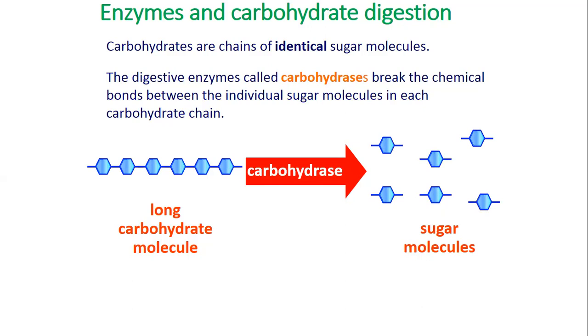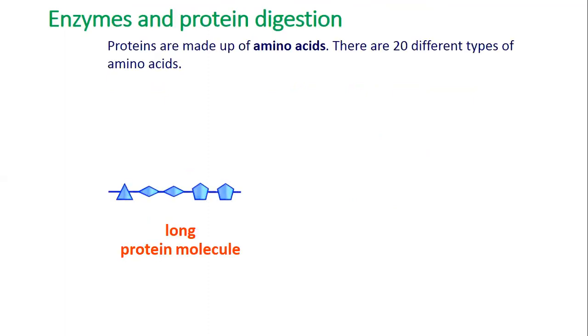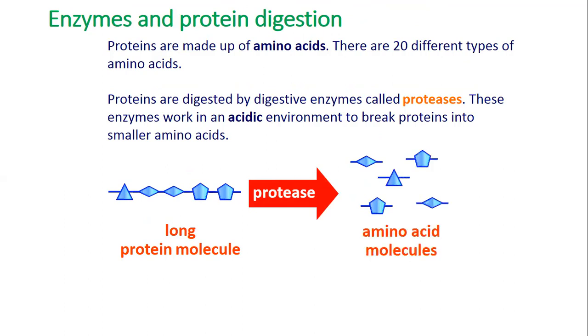Carbohydrates are chains of identical sugar molecules. The digestive enzyme called carbohydrase breaks the chemical bonds between the individual sugar molecules in each carbohydrate chain. Enzymes and protein digestion. In the same way, a long protein molecule is digested by protease into individual amino acids.